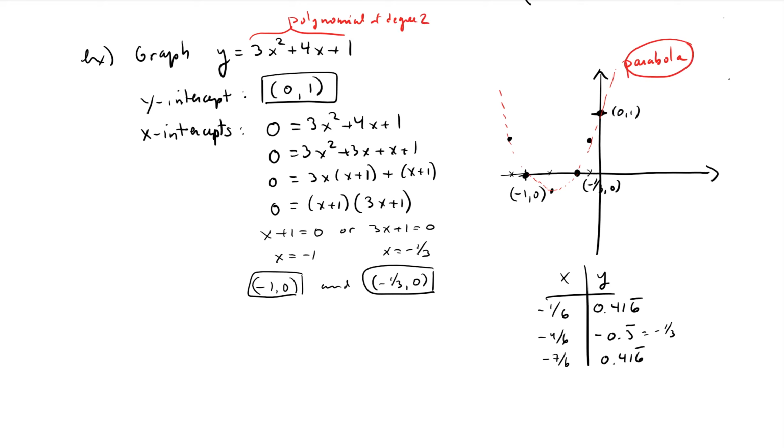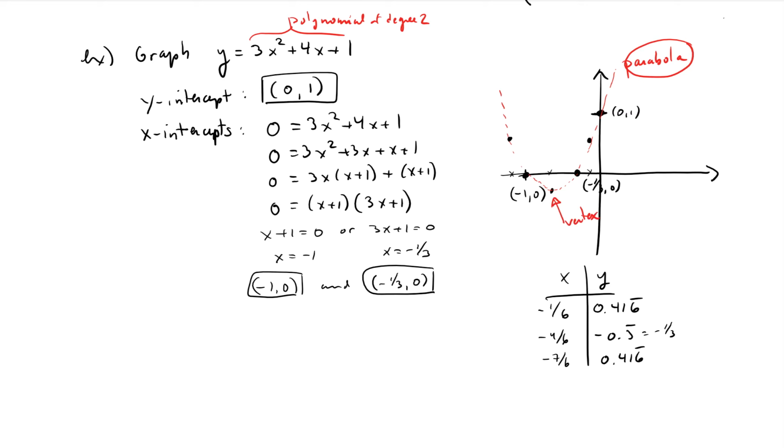There are some interesting features for these parabolas. In particular, this is called the vertex. This is the lowest point. You could also have parabolas that are like this, with highest points. I'll tell you how you know whether it's concave up or down, if it's like that or like that.